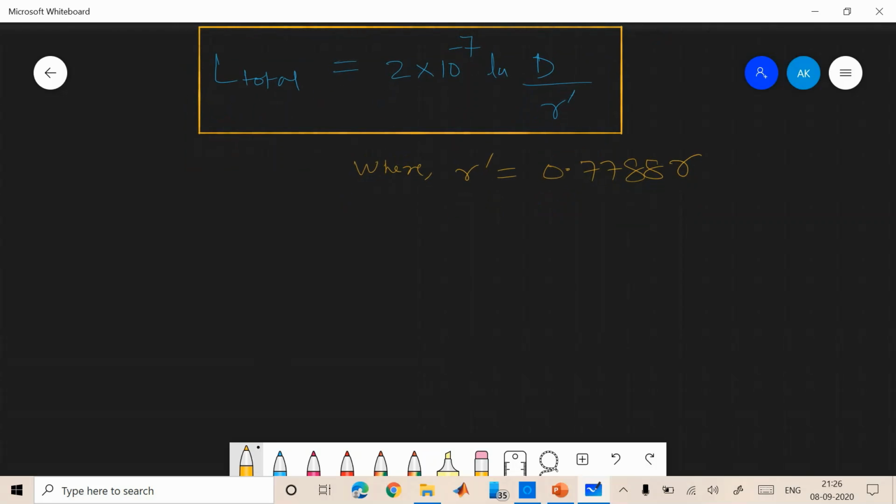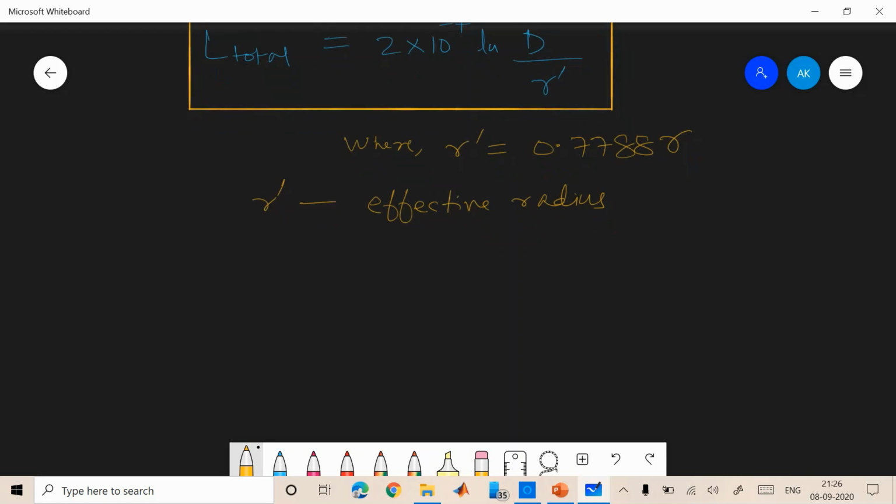So this R dash is also called as effective radius. What do you think, which one is greater, R or R dash? It's very simple. R is greater.